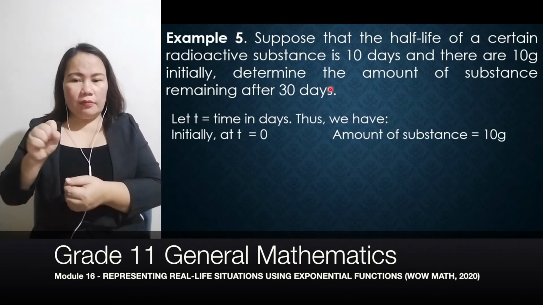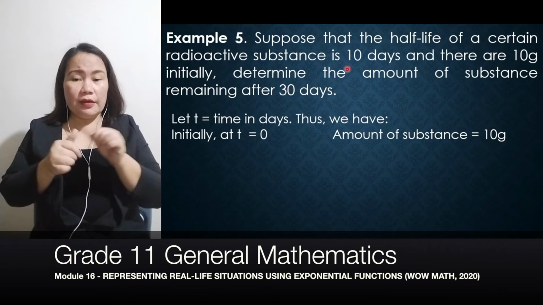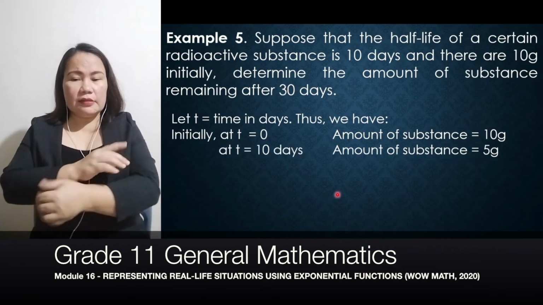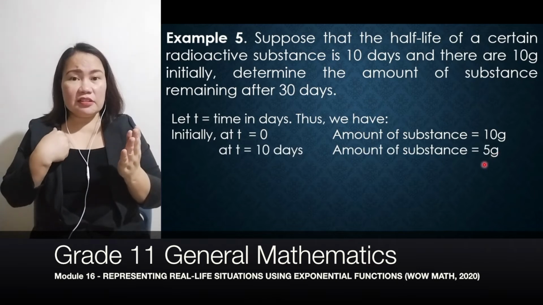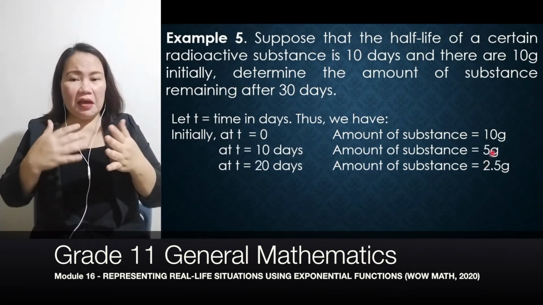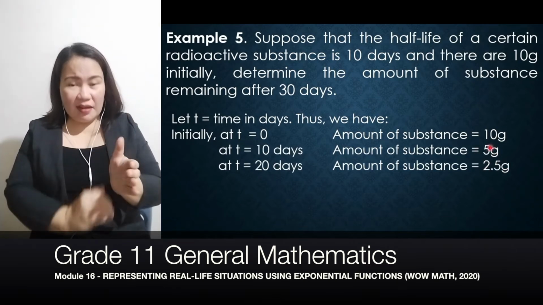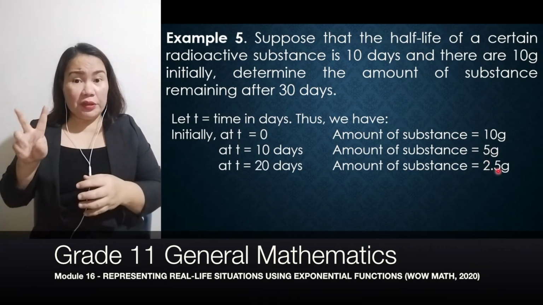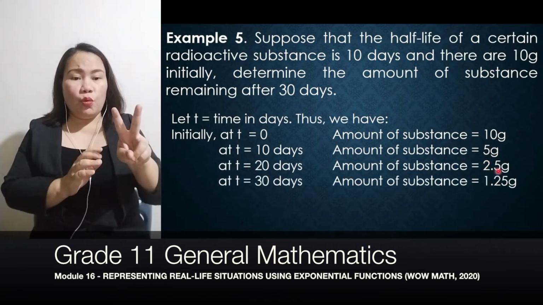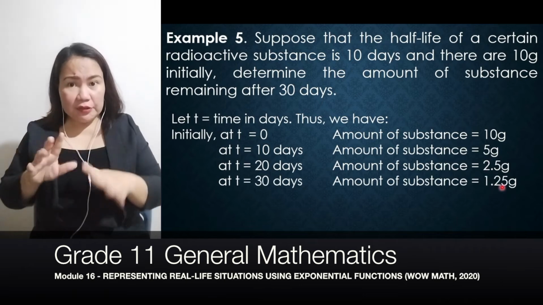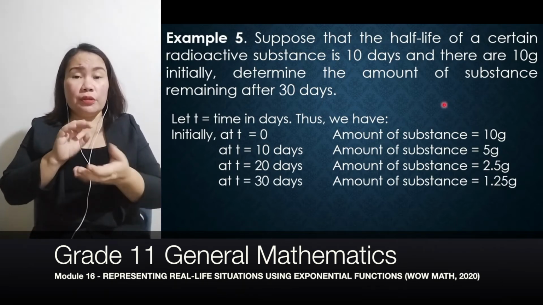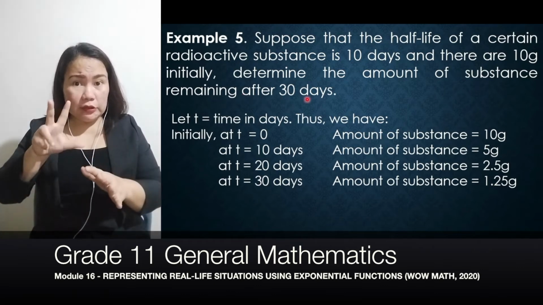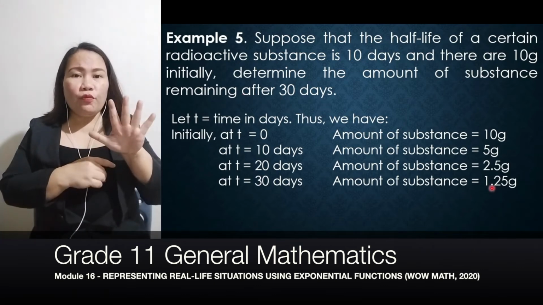Nag-half siya after 10 days, every 10 days. So in 10 days, 5 grams na lang siya. After 20 days, 5 grams siya, so mahati naman siya, so that will become 2.5 grams. And after 30 days, mahati ulit, and that will become 1.25 grams. So therefore, the amount of substance remaining after 30 days is 1.25 grams.